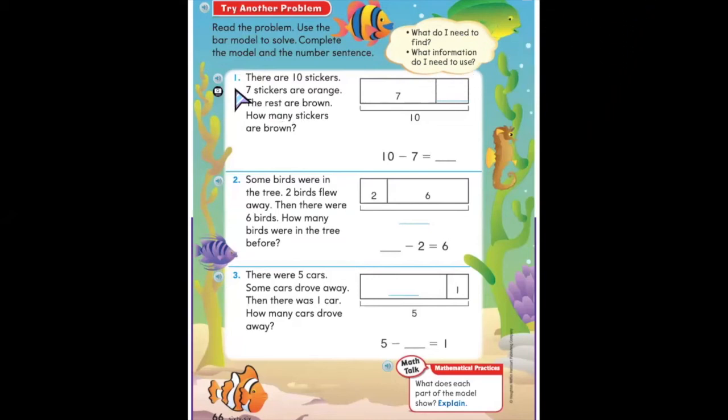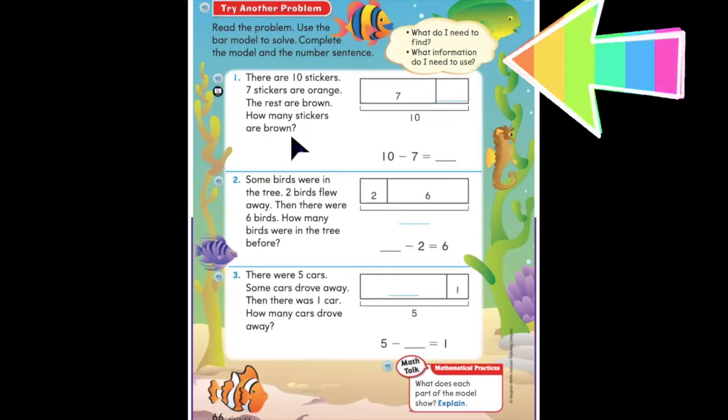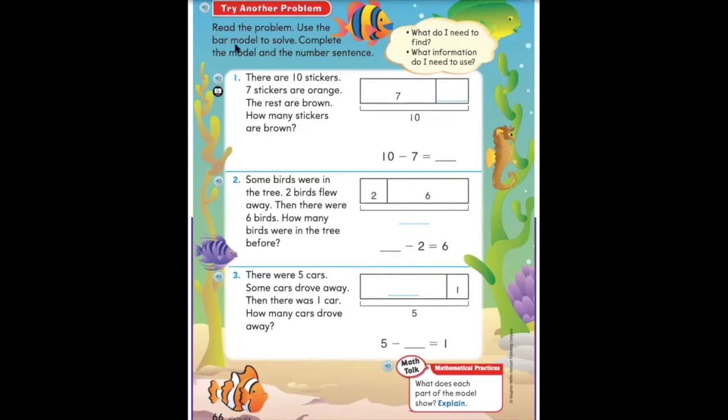Let's check out number 1. It says, there are 10 stickers. 7 stickers are orange. The rest are brown. How many stickers are brown? What do we need to find? We need to find the number of brown stickers.